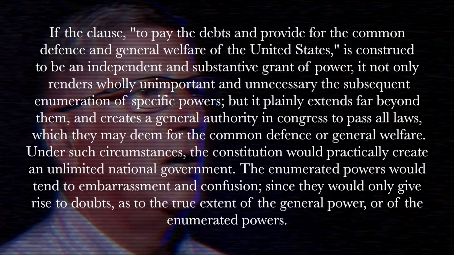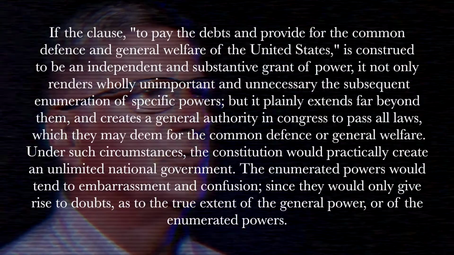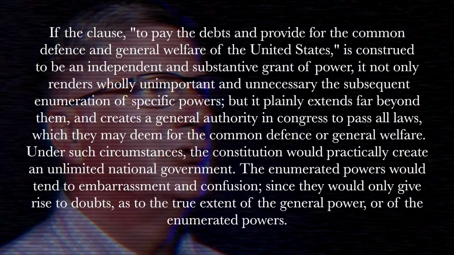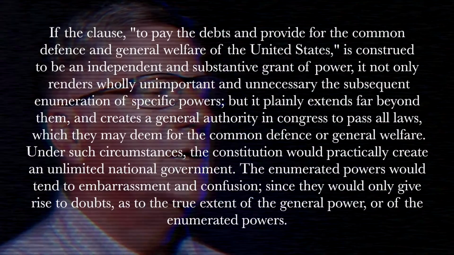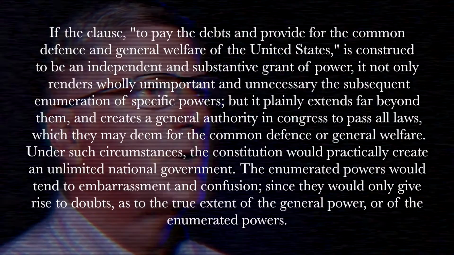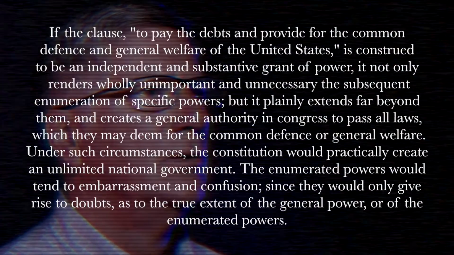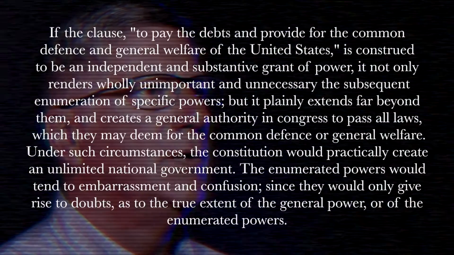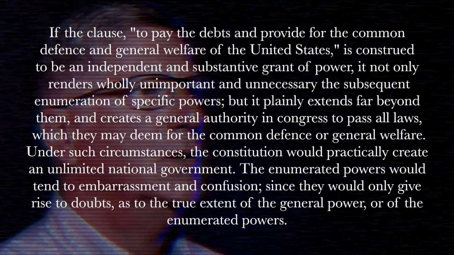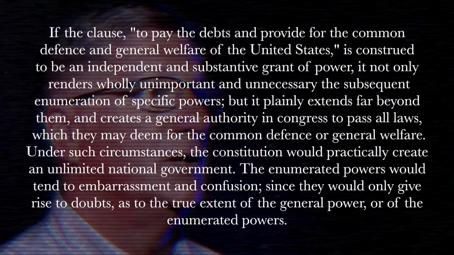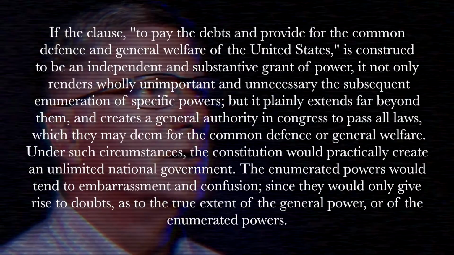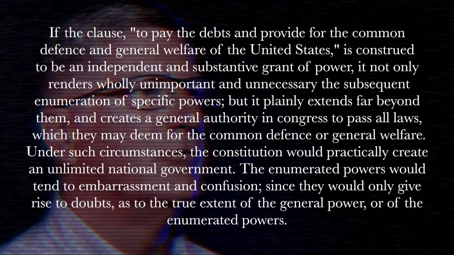He said, "If this clause, to pay the debts and provide for the common defense and general welfare of the United States, is construed to be an independent and substantive grant of power, it not only renders wholly unimportant and unnecessary the subsequent enumeration of specific powers, but it plainly extends far beyond them and creates a general authority in Congress to pass all laws which they may deem for the common defense or general welfare. Under such circumstances, the Constitution would practically create an unlimited national government.